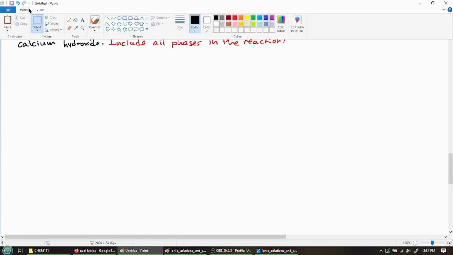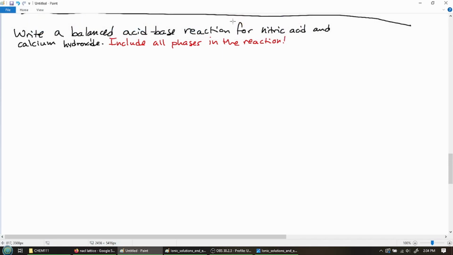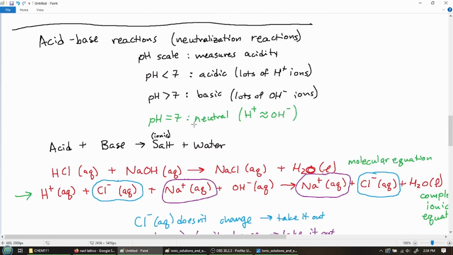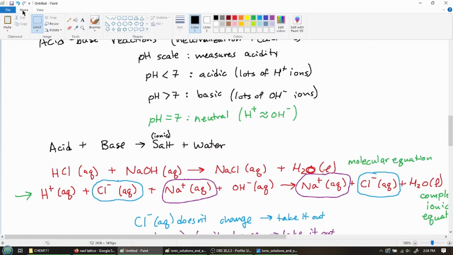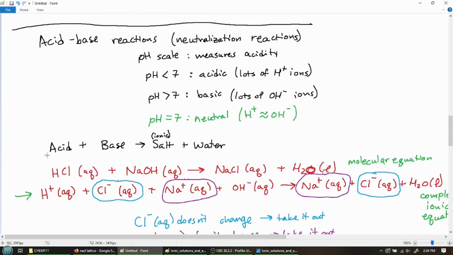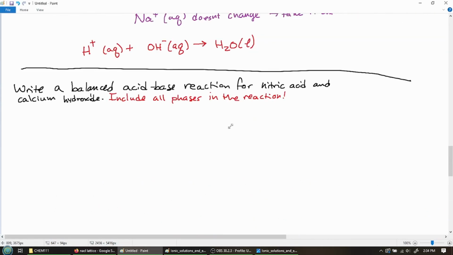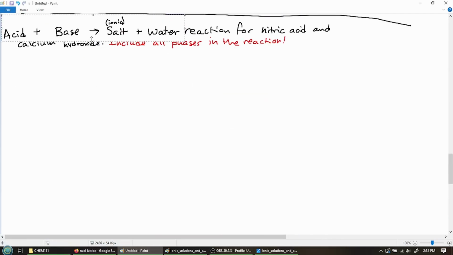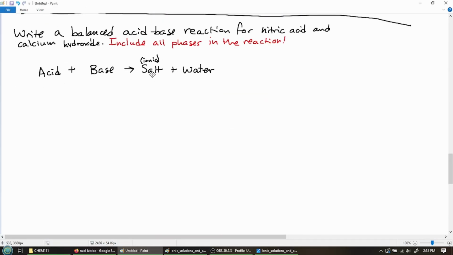So the first thing we're going to need to do in this case is convert these names of species into formulas. I'm going to ask you to pause for a second and do your best to work through this acid-base reaction. Think back to how we said up here that an acid-base reaction will be an acid plus a base forming an ionic salt and liquid water.